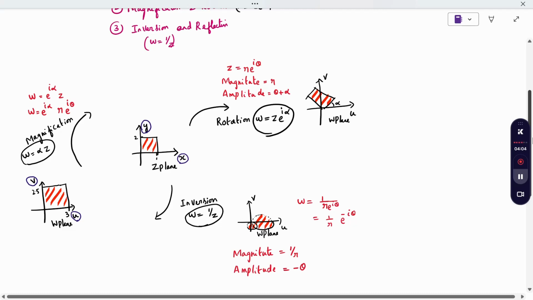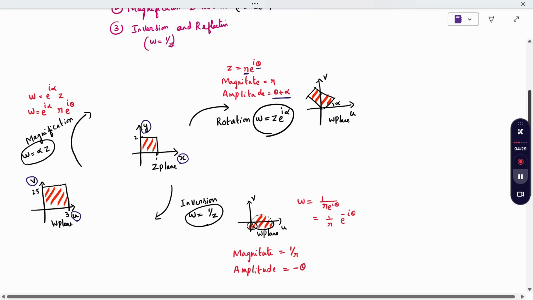For example, Z is R into e to the power i theta. The coefficient is the magnitude, and the amplitude is the angle, theta plus alpha. If I rotate the same diagram, the shape will be like this.